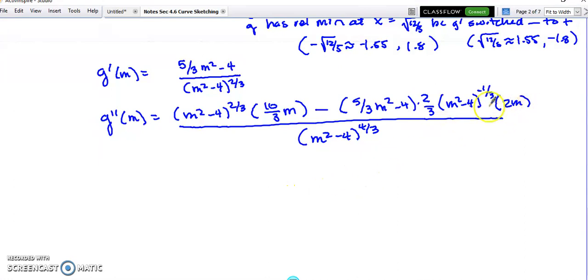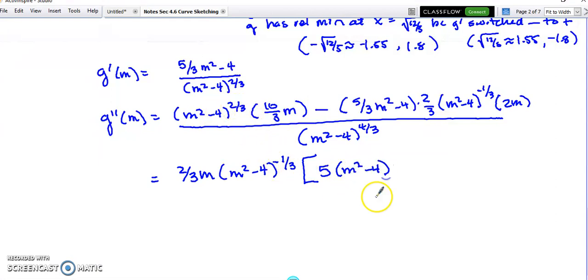And then we need to simplify, so we're still going to GCF, pull out a common factor. I'm going to pull out a 2/3, I'm going to pull out an m, and I'm going to pull out an m squared minus 4 to the negative 1/3, okay? If we pulled 2/3 m out from this, we would be left with a 5. 2/3 minus negative 1/3 is going to leave me m squared minus 4, be careful with that.